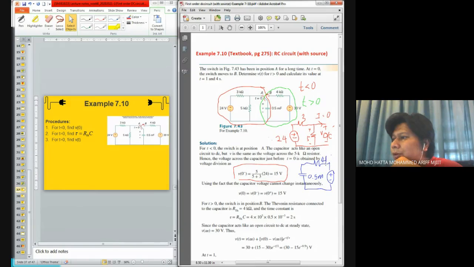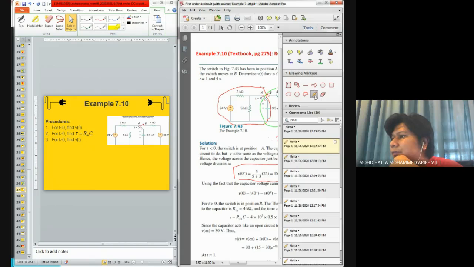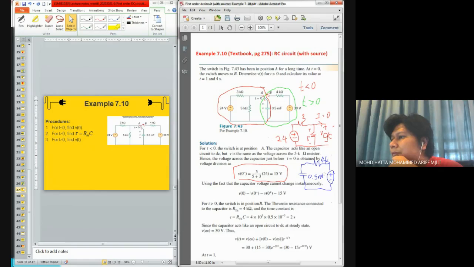This is 4 kilo ohm. And the voltage over here is 30 volts. Now, see, we have a circuit arrangement consisting of a resistor, a capacitor, and our voltage supply.